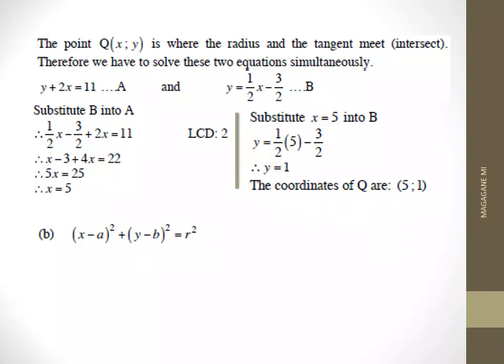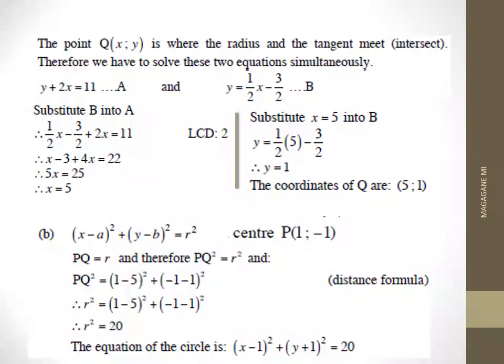And we know that the coordinates of the center are a and b, and r represents the radius. So to find the equation of the circle, we need to find the center and the radius. Here we are given the center, which is P, 1, negative 1. So we must find the length of the radius.